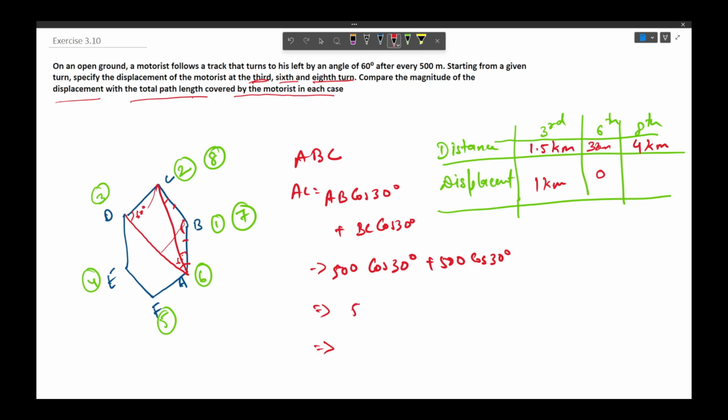So this will become 500 multiplied by 2 times cos 30, which is 0.866, and this will give us 1000 times 0.866, that is equals to 866 meters. So displacement is going to be 866 meters. And AC is making an angle of 30 degree from the initial direction, that is AB.